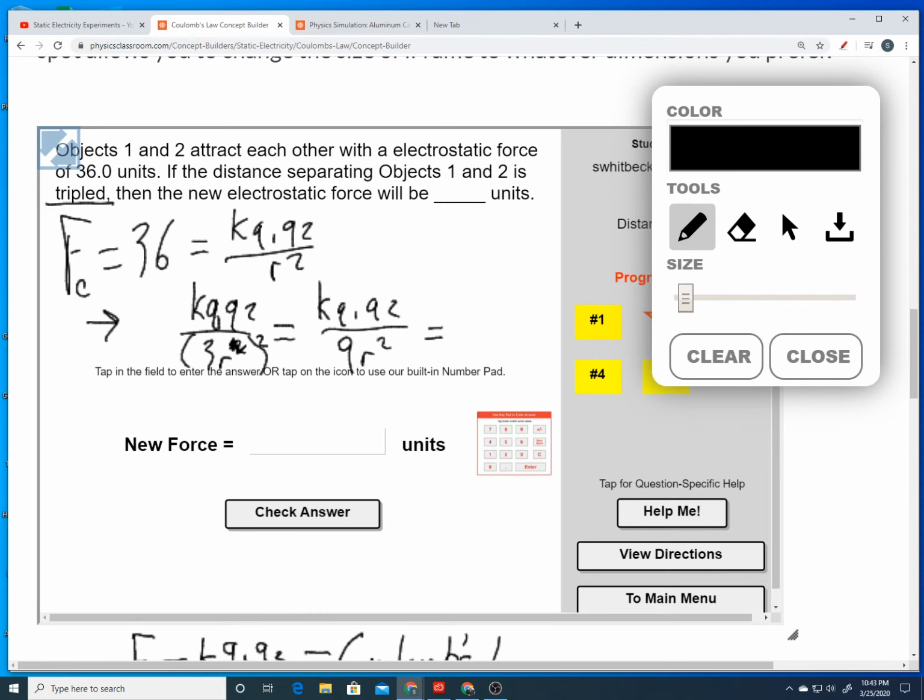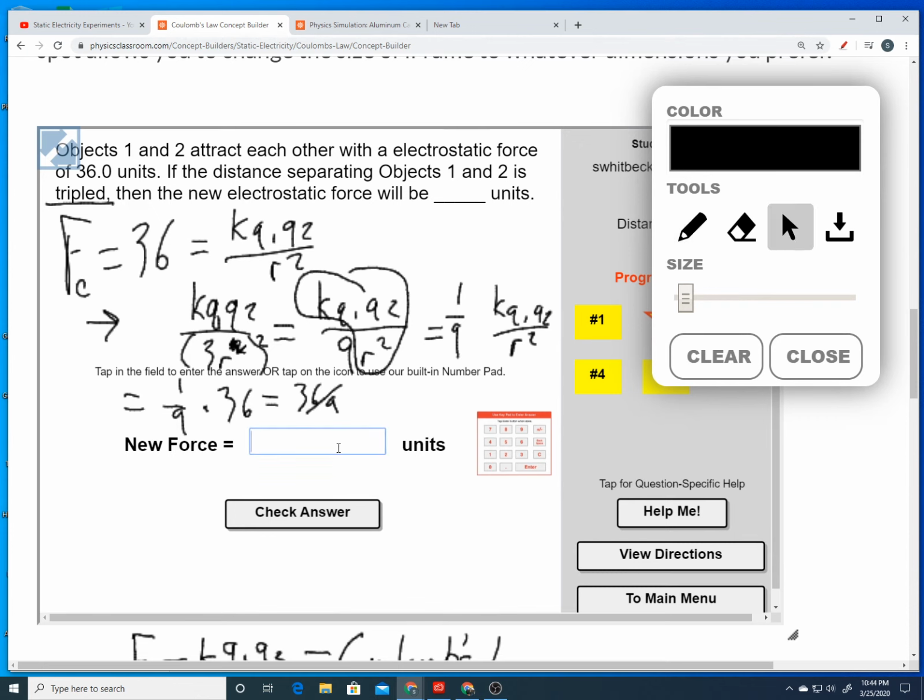And when I look for just that KQ1, Q2 over R squared, I find that we get 1/9 KQ1, Q2 over R squared, or 1/9 of 36. And this is the same thing, by the way, as 36 divided by 9. So, in other words, 4.